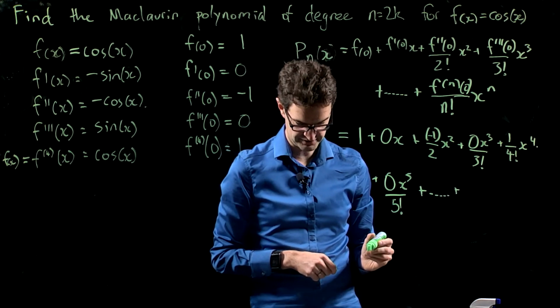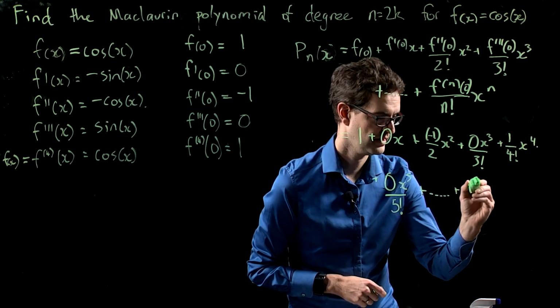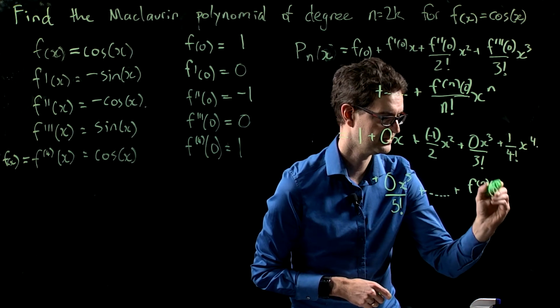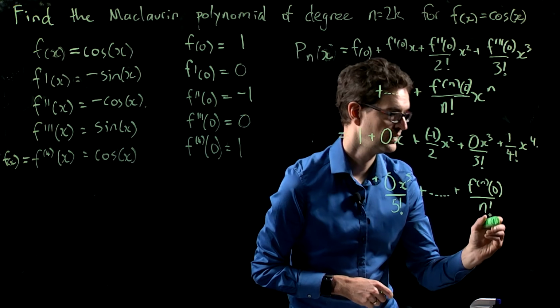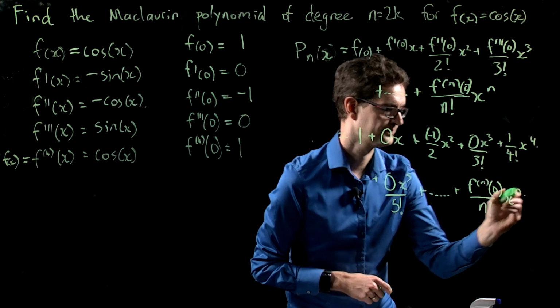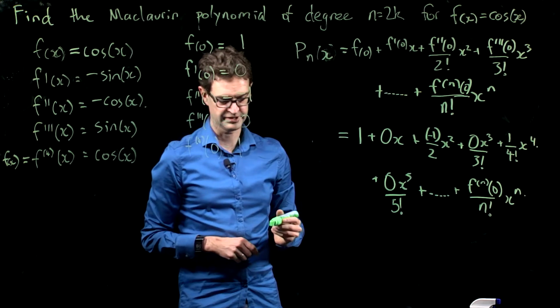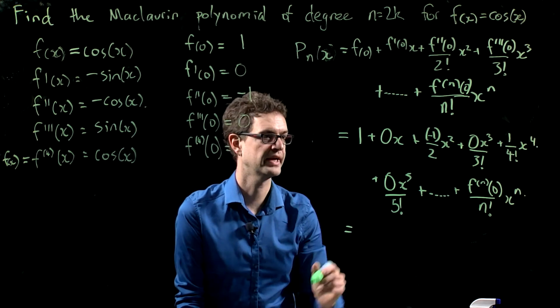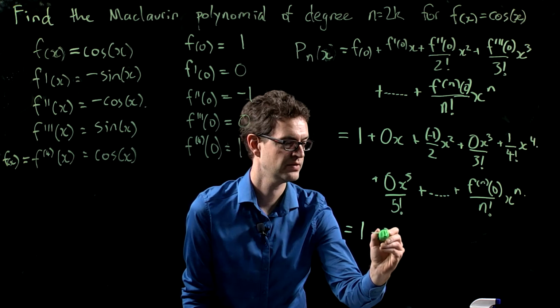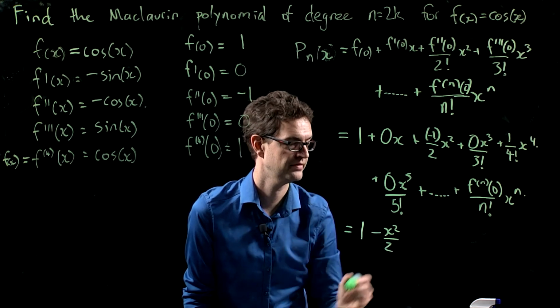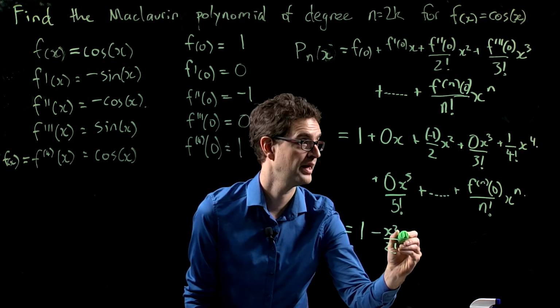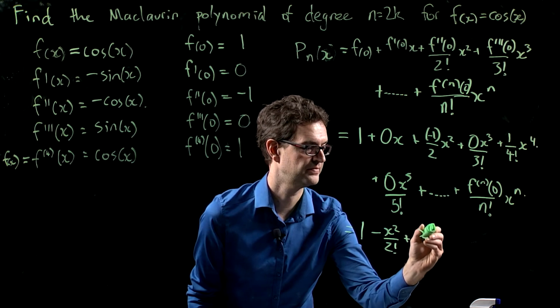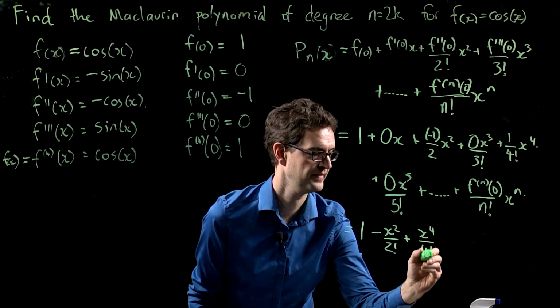Right, and so the nth derivative here is f of n evaluated at 0 over n factorial x to the power of n. And now actually it's just a matter of tidying this all up. So here we have 1 take away x squared over 2 factorial plus x to the 4 over 4 factorial.